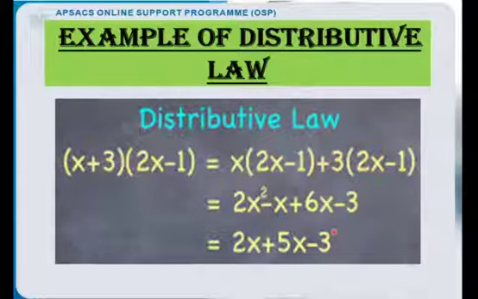Now how are we going to solve? 2x square is as it is. We are going to copy 2x square as it is. Then minus plus minus.